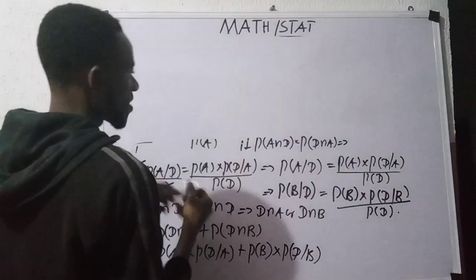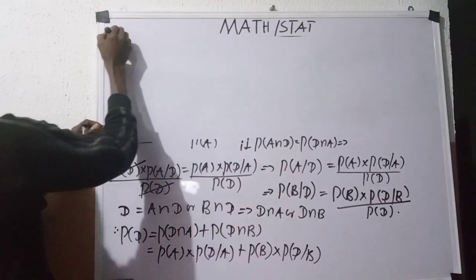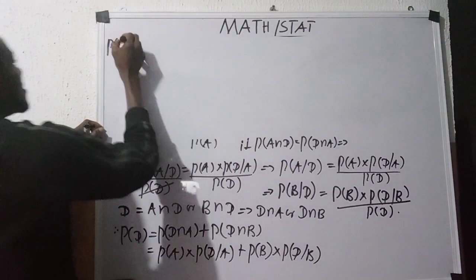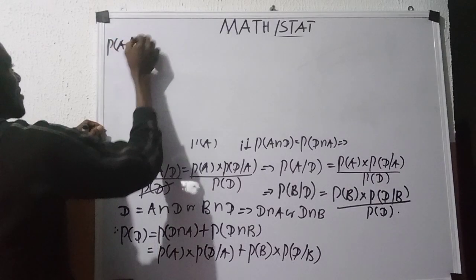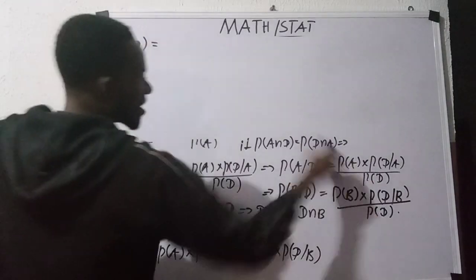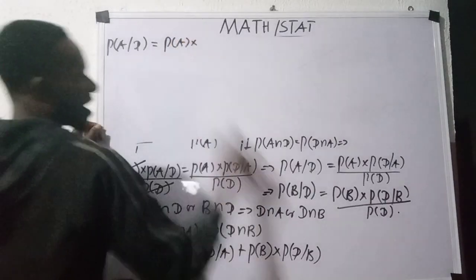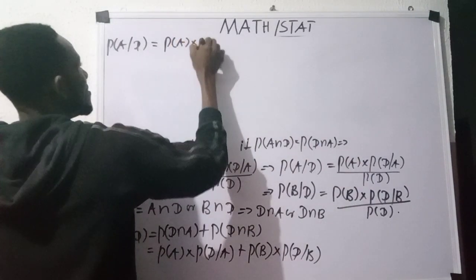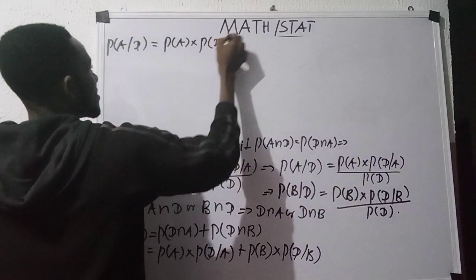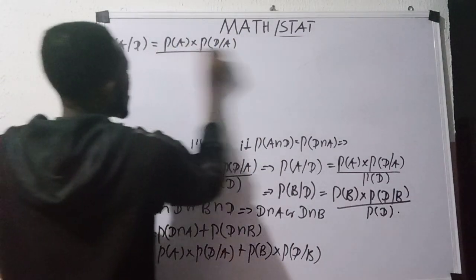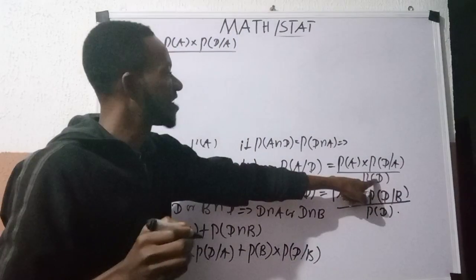So I call up the first one. The first one says P of A given D equals P of A multiplied by P of D given A, all over. I will not write P of D again.